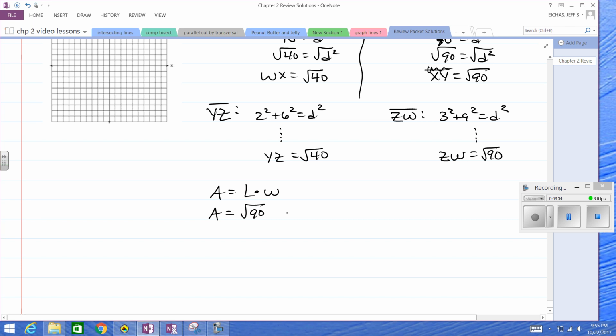Let's say the square root of 90 is our length. Now be careful. On these new calculators, you have to tab out or right arrow out of the square root symbol. That way it separates it and lets you finish off the square root. So make sure when you do that, that happens. Okay, times the square root of 40. That's square root of 3600. That must be 60.